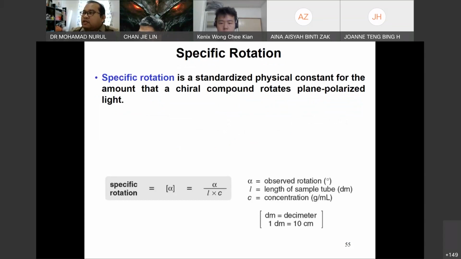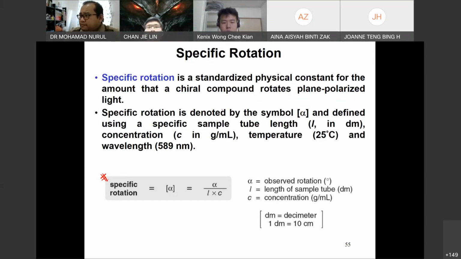Specific rotation is a standardized physical constant for the amount that a chiral compound rotates polarized light. You have to remember this, as this question is very important. Specific rotation is denoted by the symbol alpha and defined using a specific sample length in decimeters. Be careful, not centimeters, decimeters. And concentration is in grams per ml.